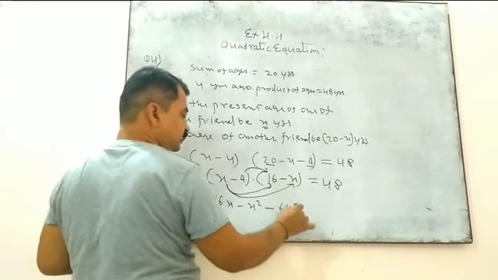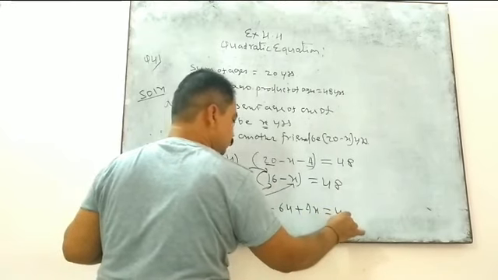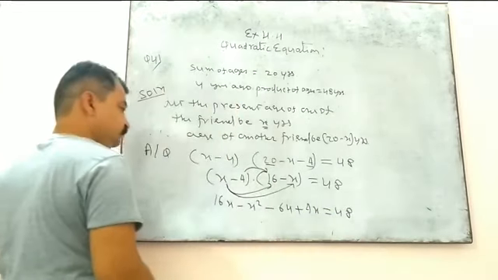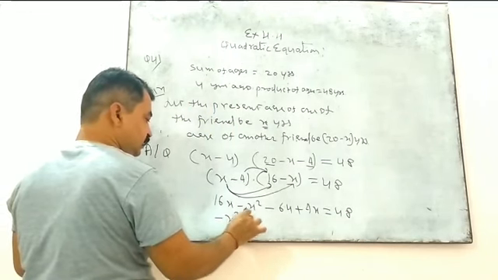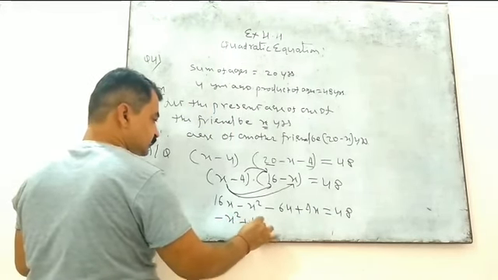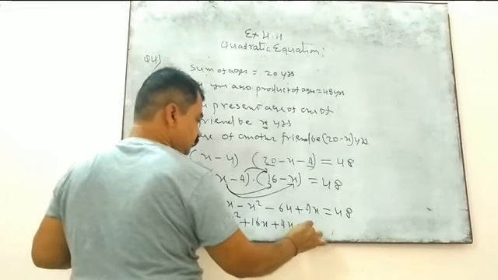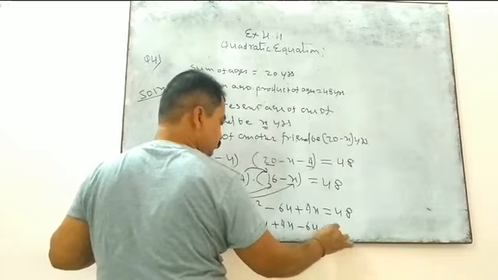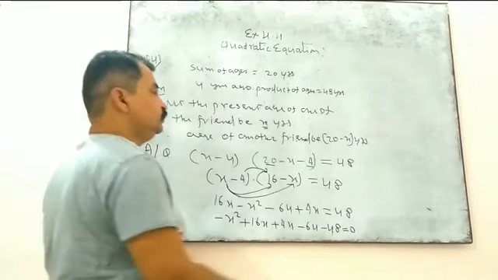Right? And minus of minus plus 4x equal to 48. Now rearrange: minus x square plus 16x plus 4x minus 64 minus 48 equal to 0.